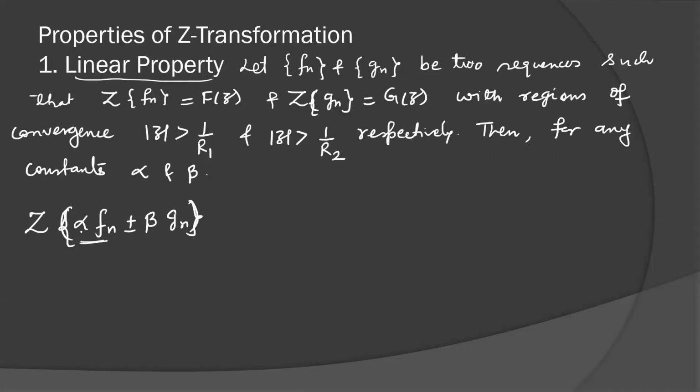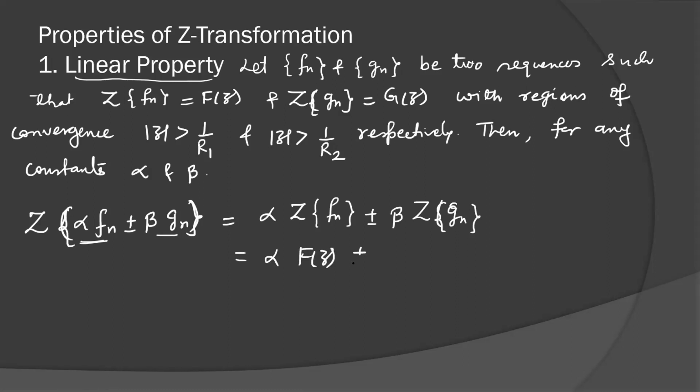So Fn is a sequence, then alpha into Fn will be a sequence, beta into Gn will be another sequence. If you add or subtract, you will get ultimately a new sequence. Then it is equal to alpha Z transformation of Fn sequence plus minus beta Z transformation of Gn sequence, or we can write it alpha f of z plus minus beta g of z.